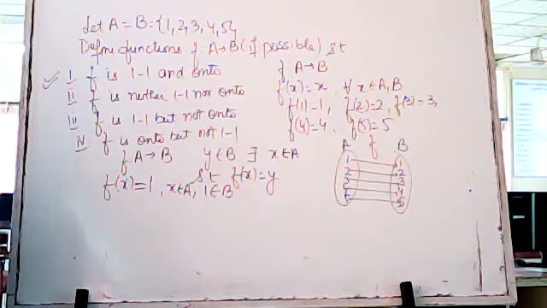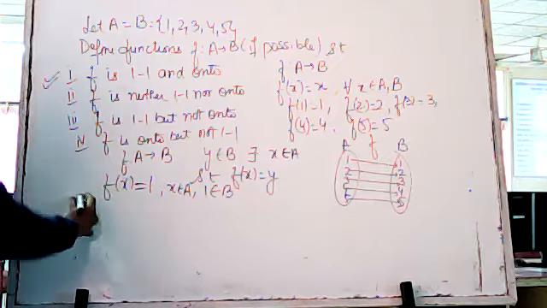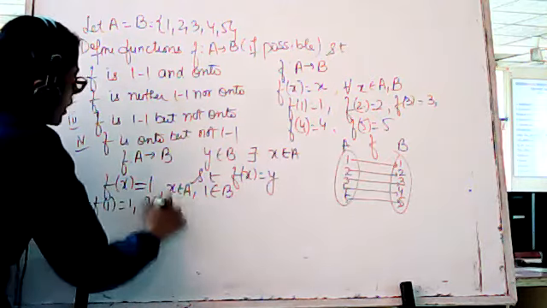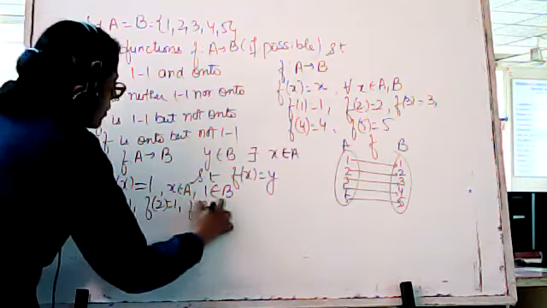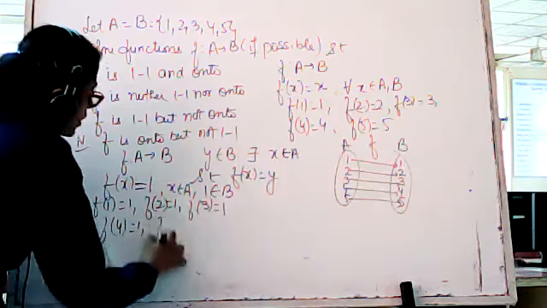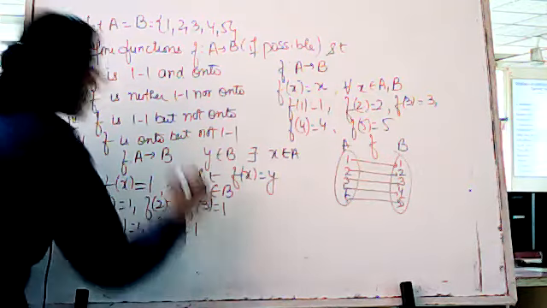That is, f of 1 is equals to 1, f of 2 equals to 1, f of 3 equals to 1, f of 4 equals to 1, and f of 5 equals to 1.